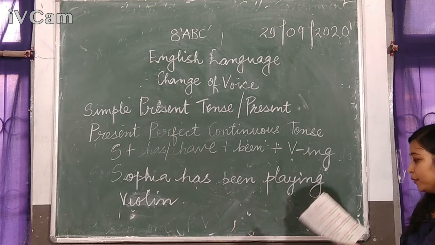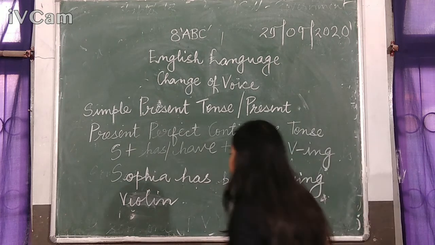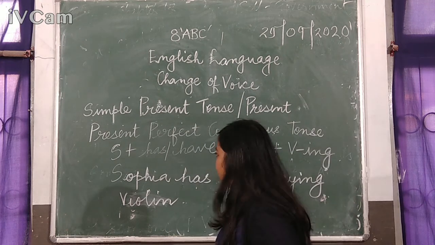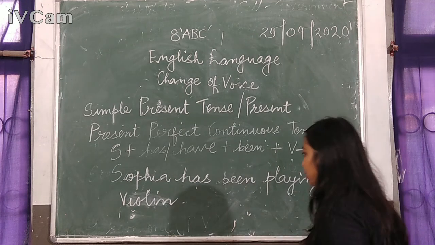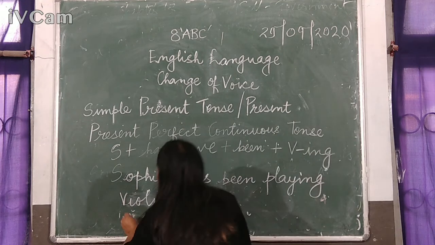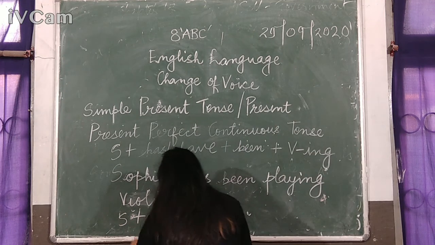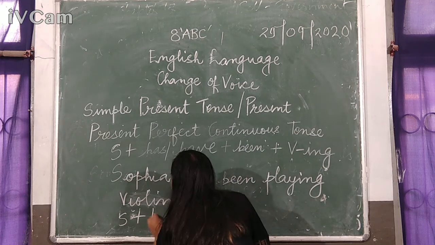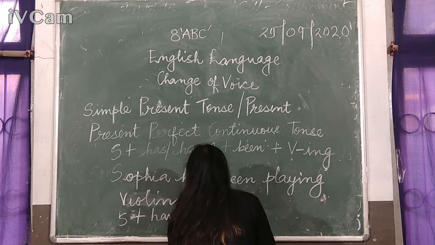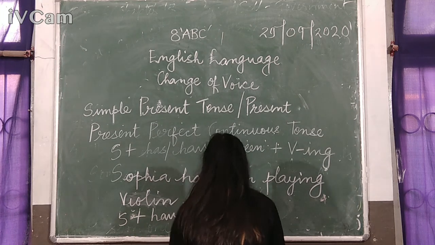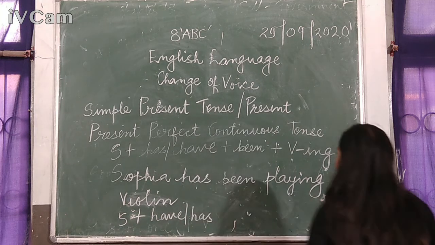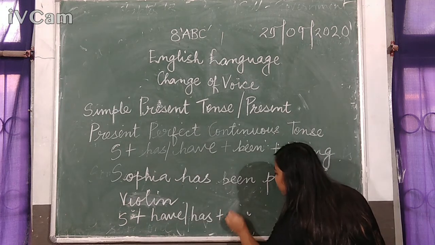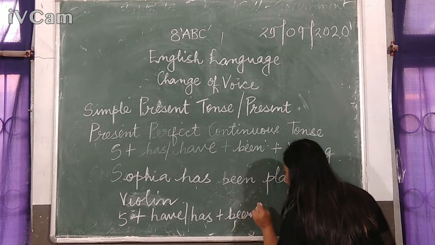Okay, so if you have to change it into passive, then the structure goes like this. The subject has to be there. Have or has, it has to be there. Plus this been also has to be there.